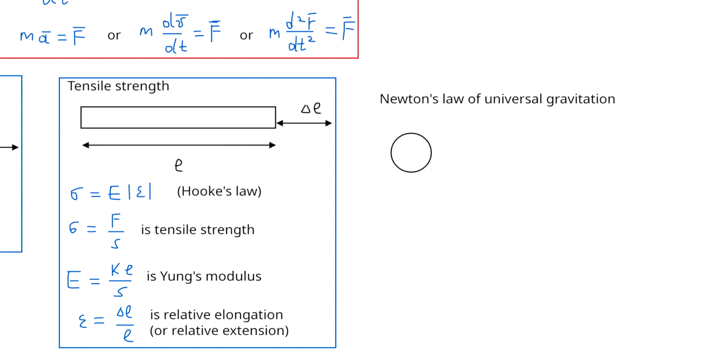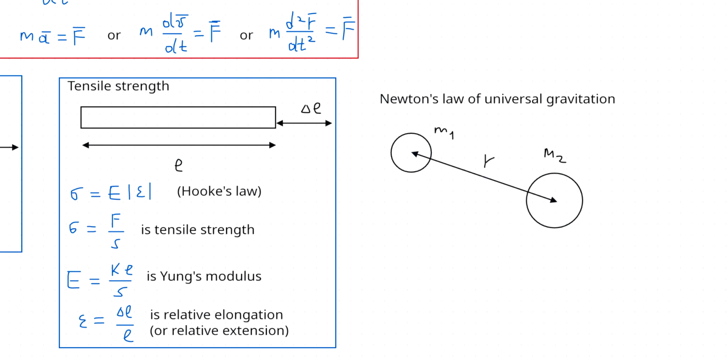So the first body has mass m1, and the second has mass m2, and the distance between their centers is r.